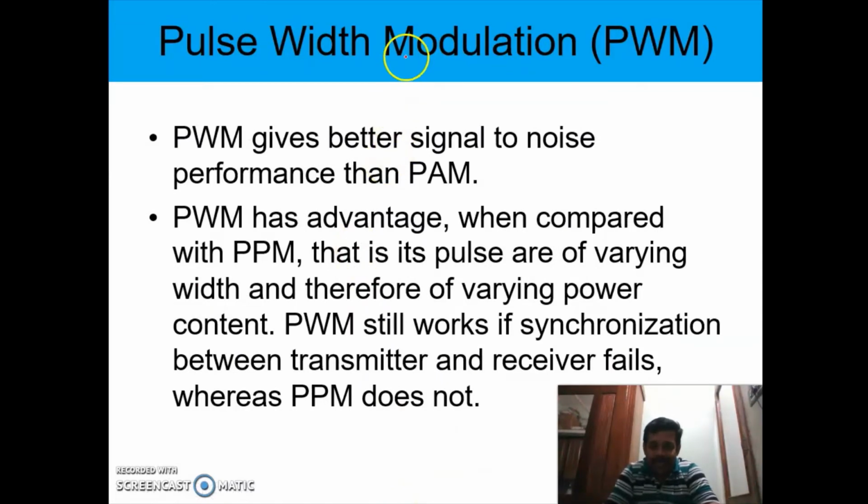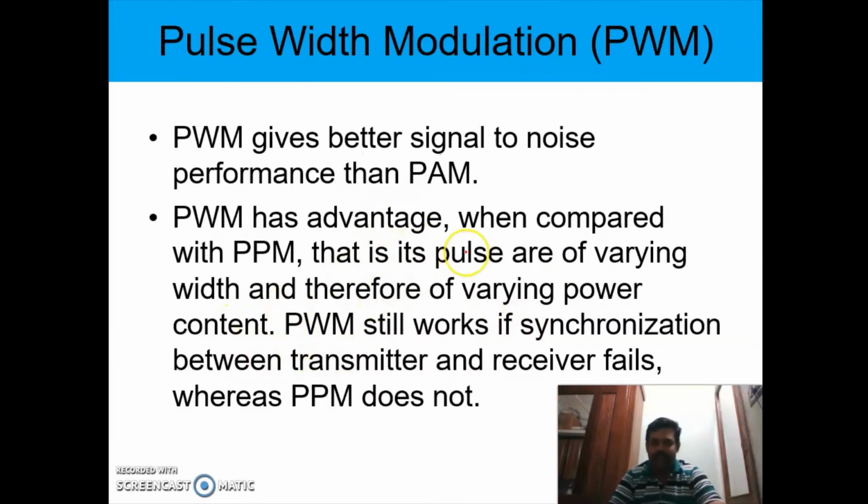So this pulse width modulation gives better signal to noise ratio than pulse amplitude modulation. This pulse width modulation has advantage when compared to pulse position modulation also. That is, its pulses are varying the width and therefore varying power content.